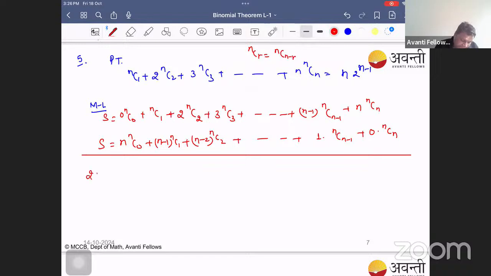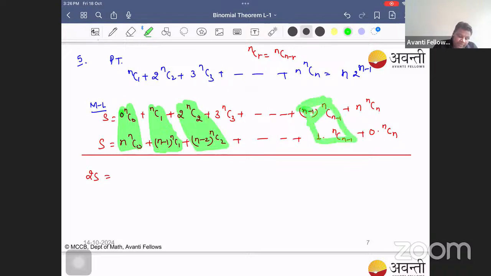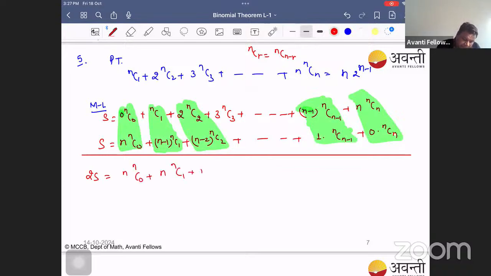So see, left side it will be 2S. Now what is this summation? Isn't it n times nC0? What is this summation? It is n times nC1. It is n times nC2. And so on. What is this summation? n times nC(n minus 1). And what is this? It is n times nCn. Am I correct? So 2S is what? n times nC0, n times nC1, n times nC2, n times nC(n minus 1) and n times nCn.